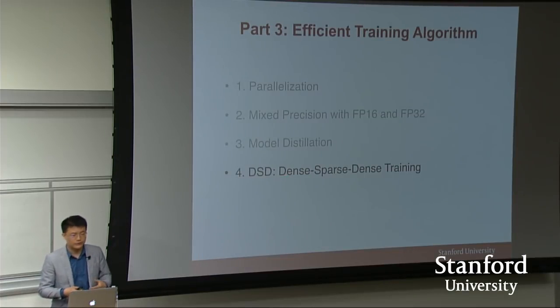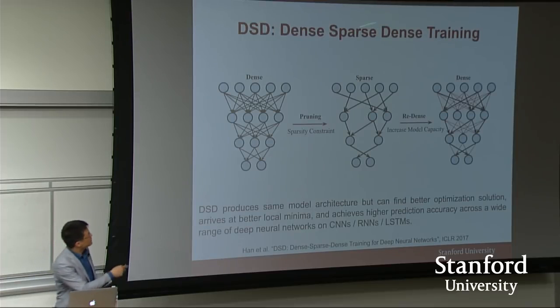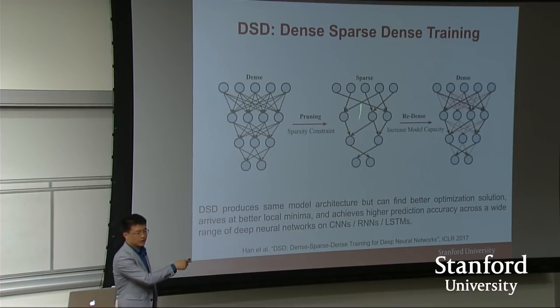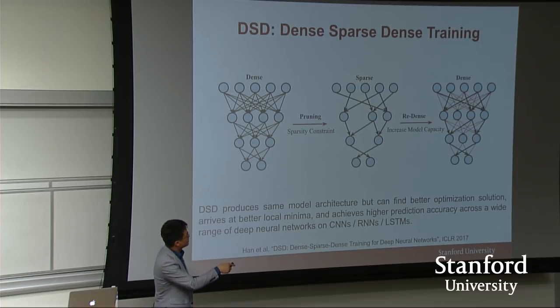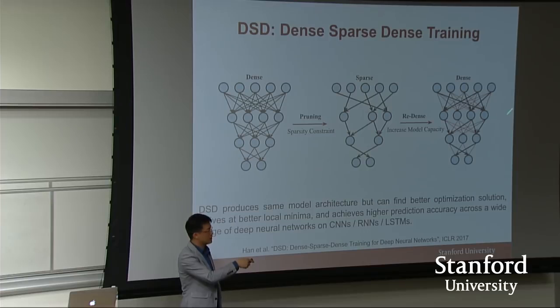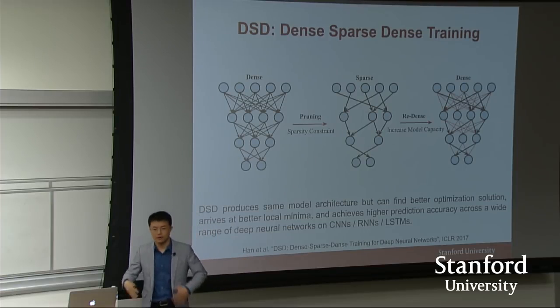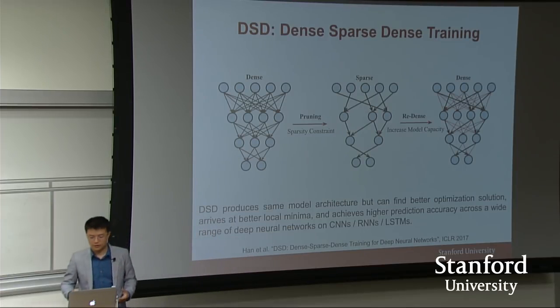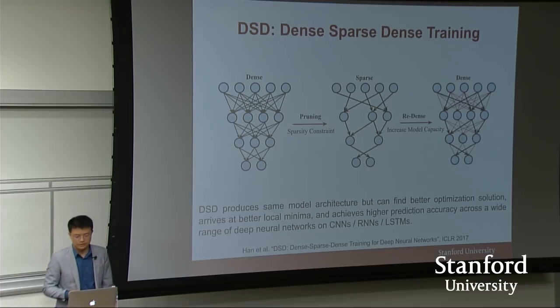And the last idea is my recent paper on using a better regularization to train deep neural nets. We have seen these two figures before. We pruned the neural network to have fewer weights but the same accuracy. Now, what I did is to recover and retrain those weights shown in red and train everything together to increase the model capacity after it is trained in a low dimensional space.